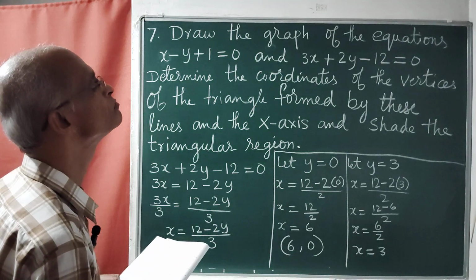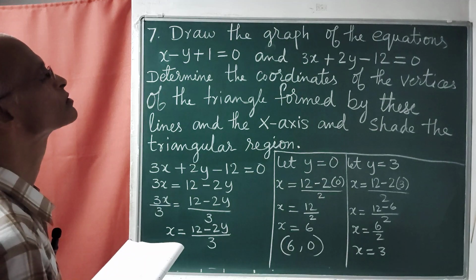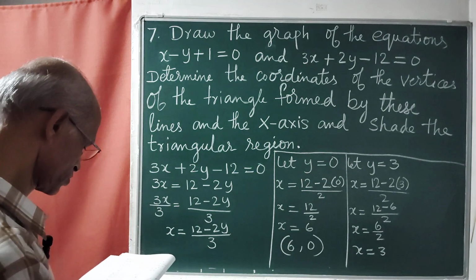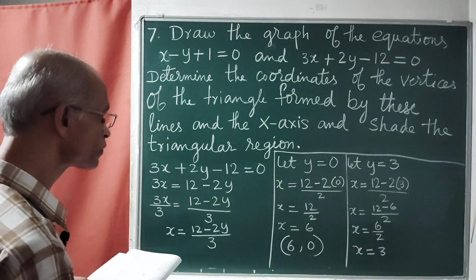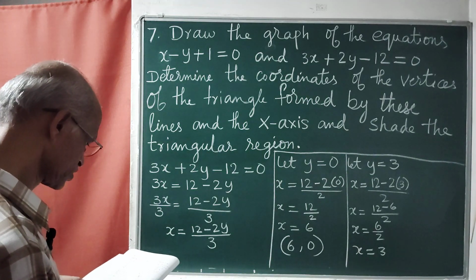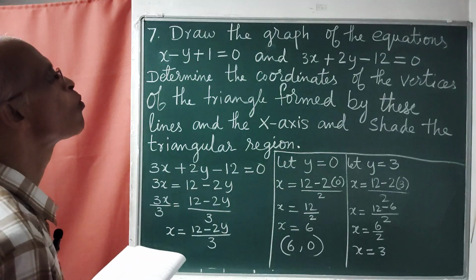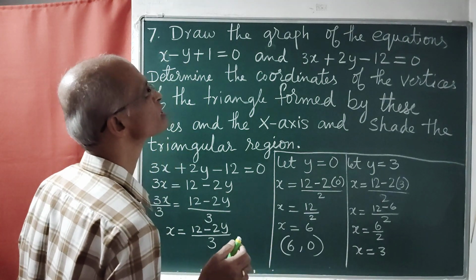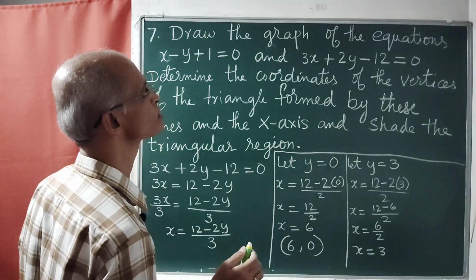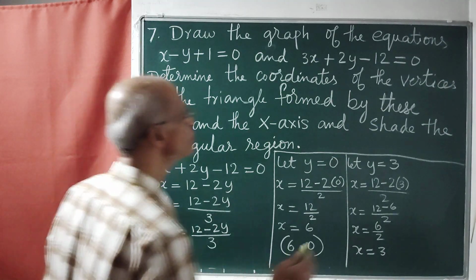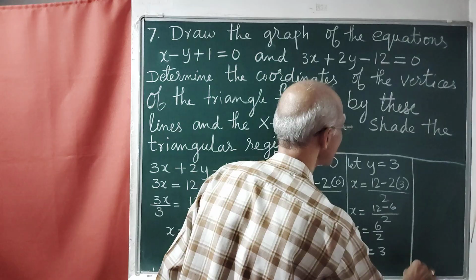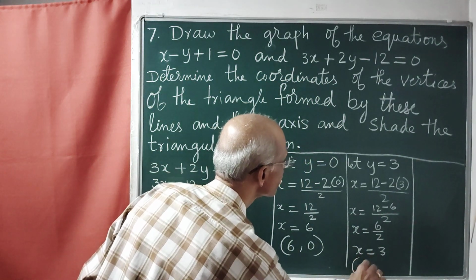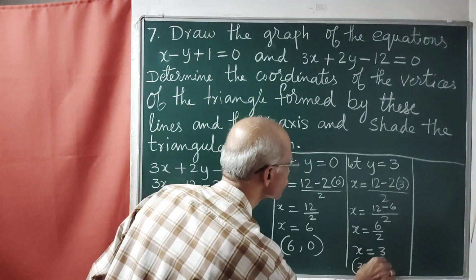So the pair of values are, if x is 3, y is 3.